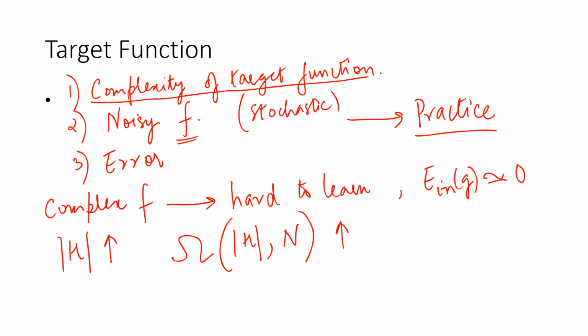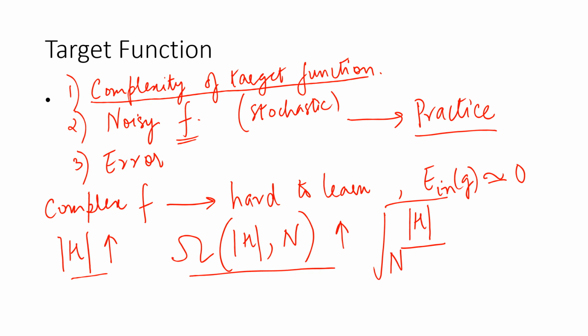Also, in the definition of omega, the cardinality of the hypothesis set was in the numerator, and then there was a square root, and n was in the denominator. So the complexity of f is high, the error bar increases, and E out deviates more from E in. All that we talked about earlier.